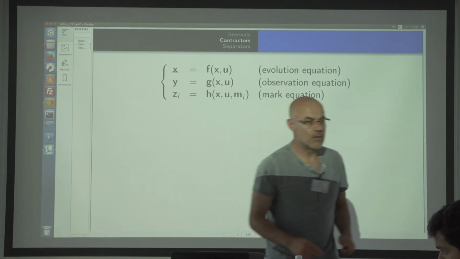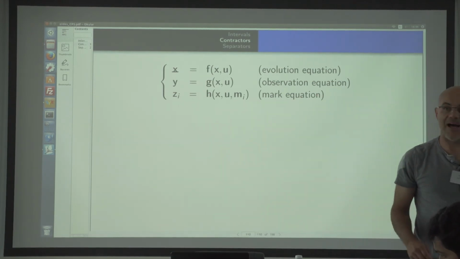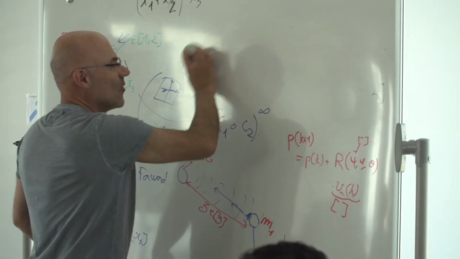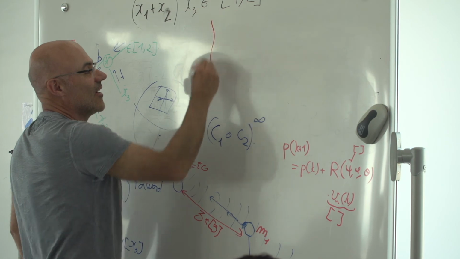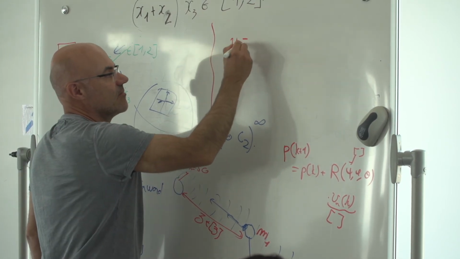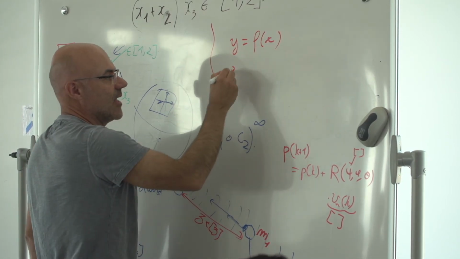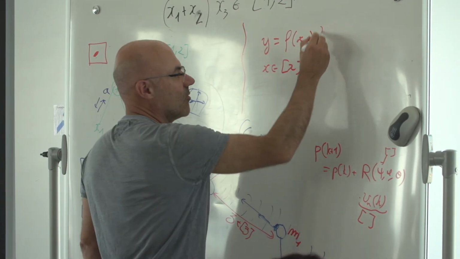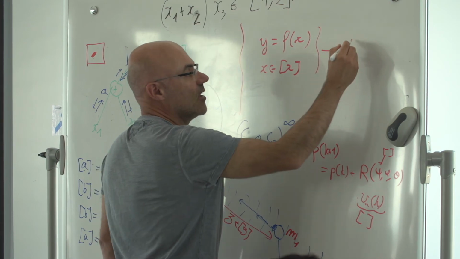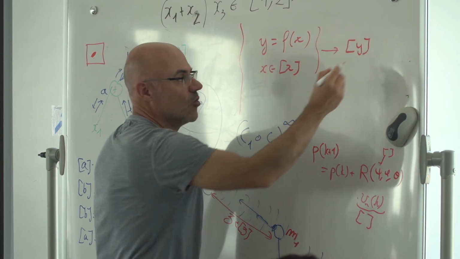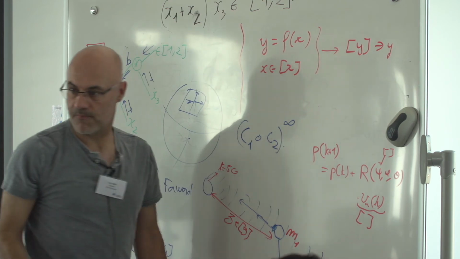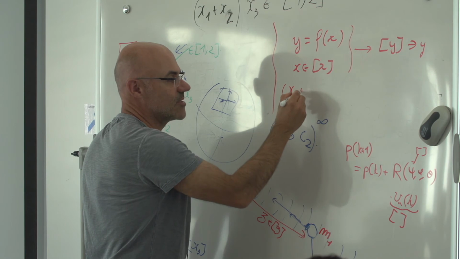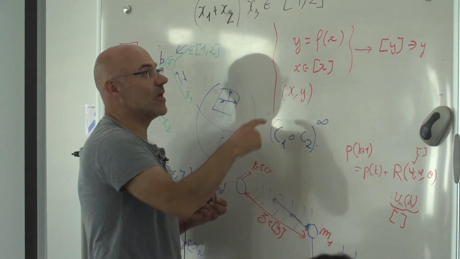What's the difference between a contractor and the inclusion function? So there is a difference. If I have x belongs to [x], an inclusion function will make it possible to compute an interval for y which contains y. A contractor can be seen as working in the xy space, but it will contract only y.